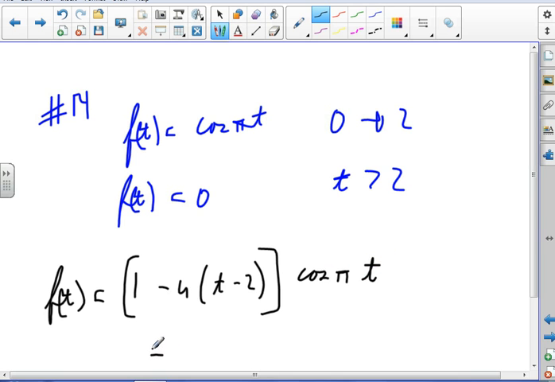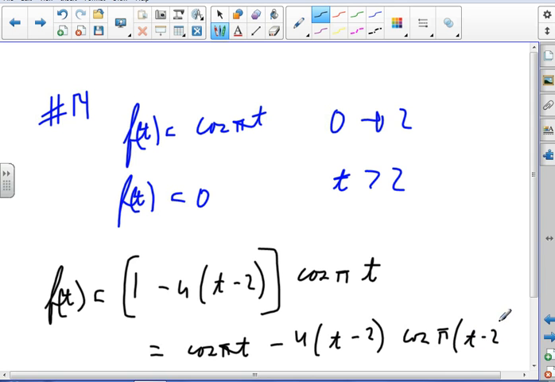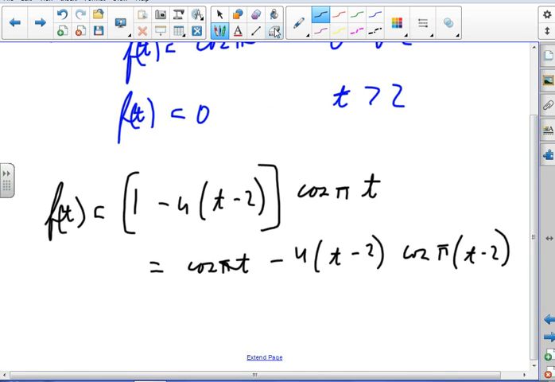And I'm going to say, well, that is equal to the cosine of pi t minus the unit step function of t minus 2 times the cosine of pi times t minus 2. Okay. So I'm sure everybody believes that garbage.